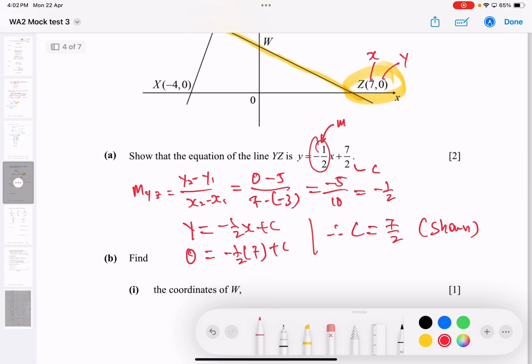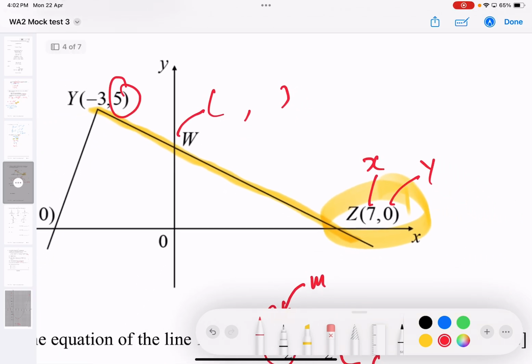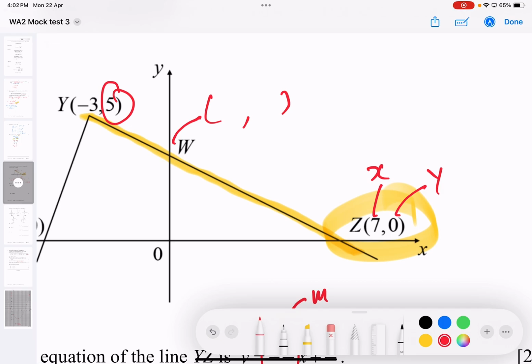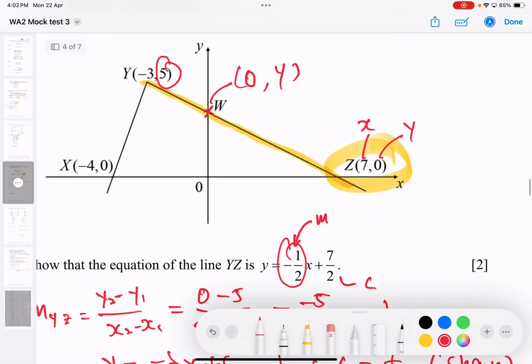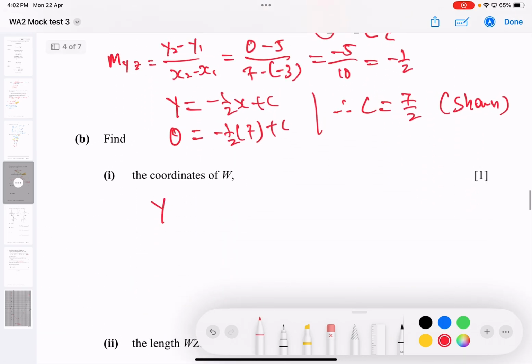Next, find the coordinates of W. Over here at W, if I have to write in coordinate form, what information do I already know? I know that the value of x at this point is equal to 0. I don't know what is y. But I already know the equation of this line. This line is y equals negative half x plus 7 over 2. So I'm going to write down this equation.